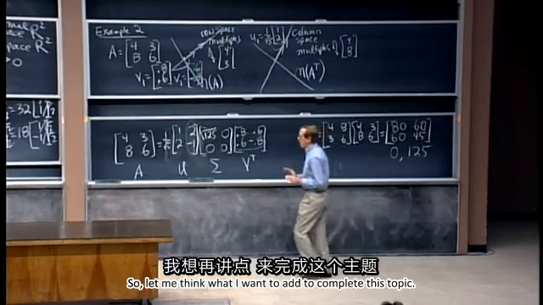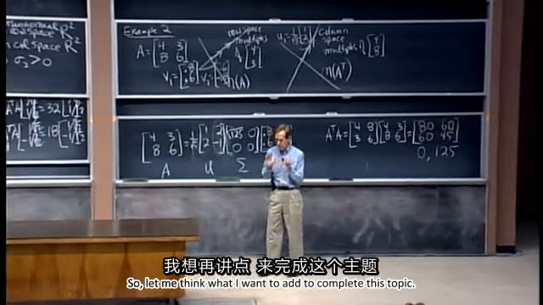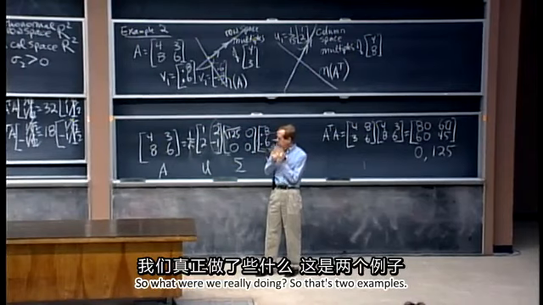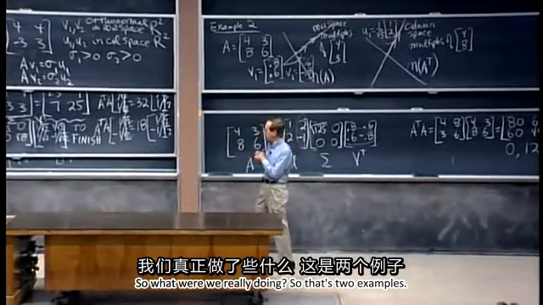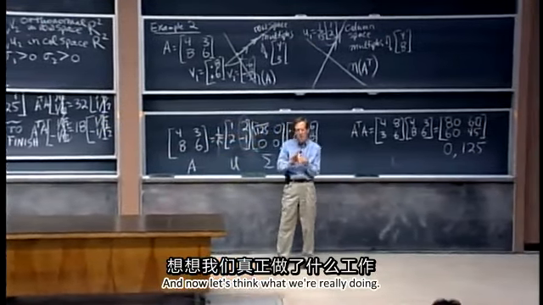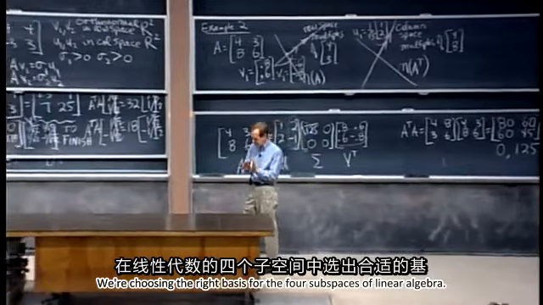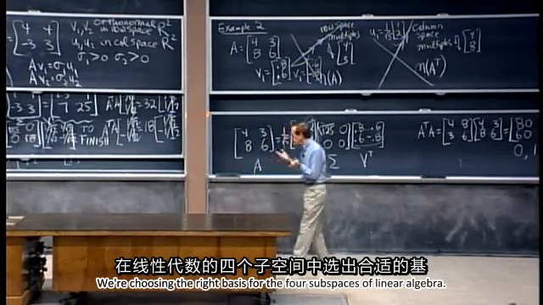So let me think what I want to add to complete this topic. That's 2 examples, and now let's think what we're really doing. We're choosing the right basis for the 4 subspaces of linear algebra.